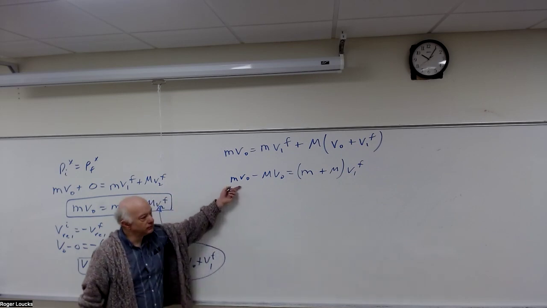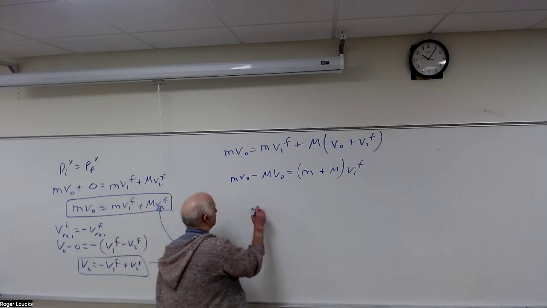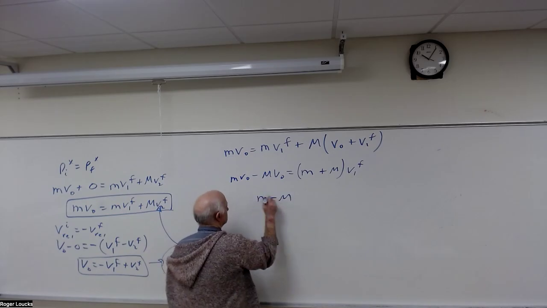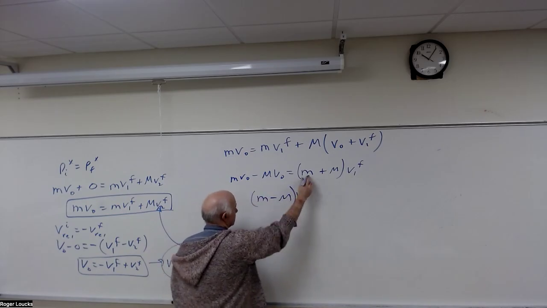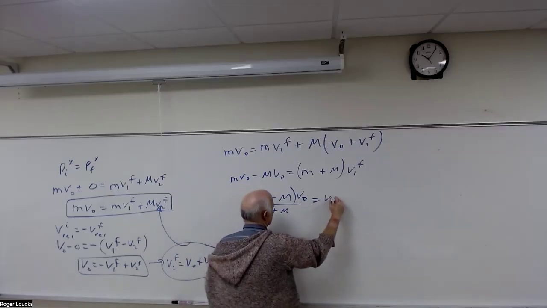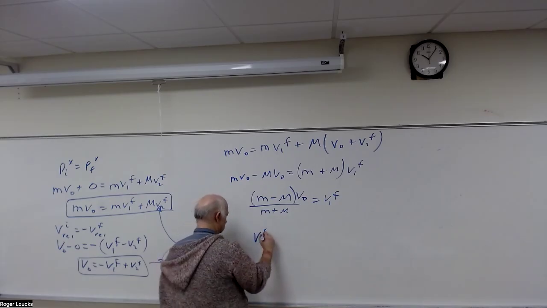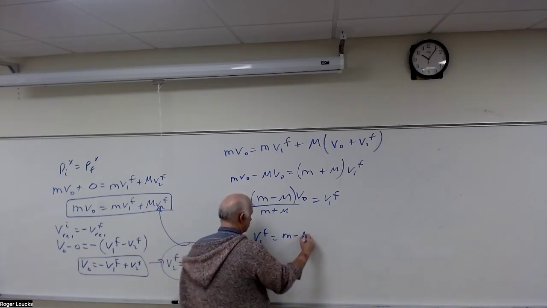What do I do on the left? Cancel. Factor out the V naught. And divide through by this guy. We get V1 final. So this is one of them.